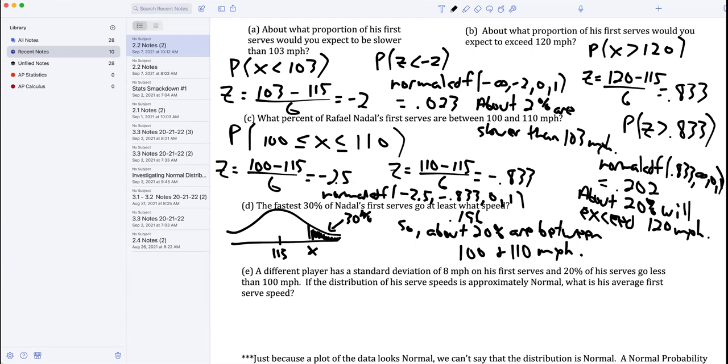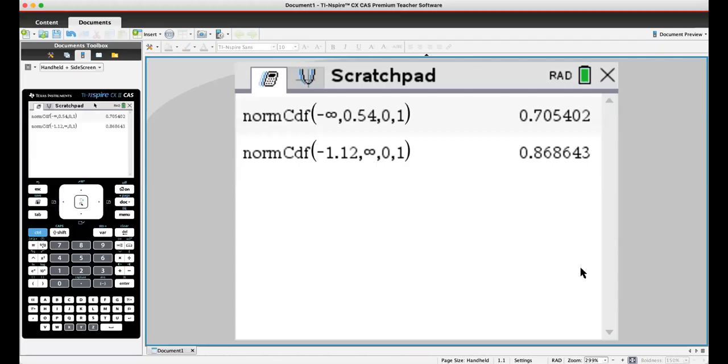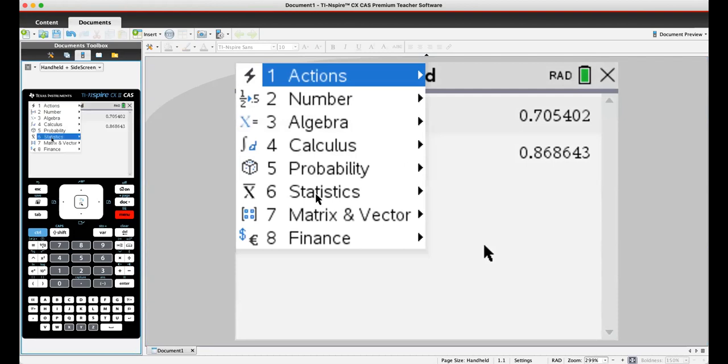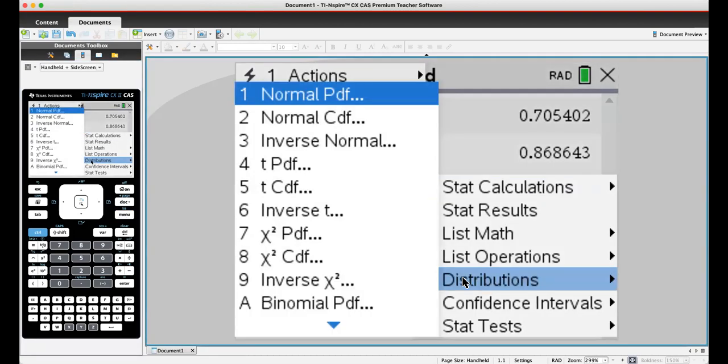So this time I'm going to work backward, and whenever working backward, we need inverse normal. Put it in.